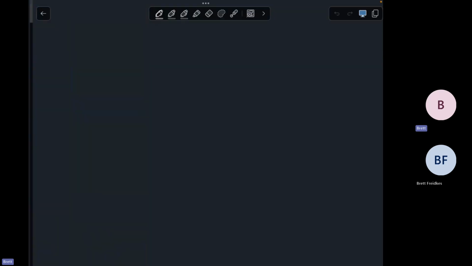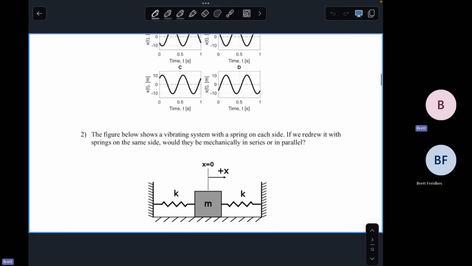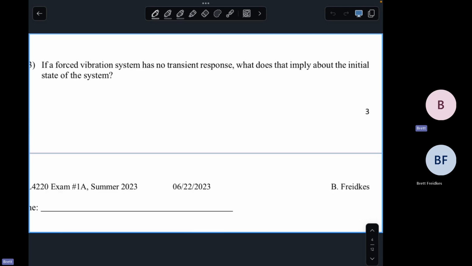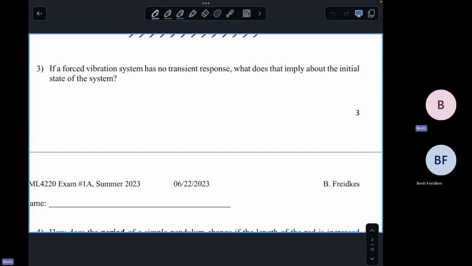Let me pull up the exam from last year and look at the questions we skipped. If a forced vibration system has no transient response, what does that imply about the initial state of the system? No initial conditions. The transient is only related to the initial condition. So if x naught and v naught are 0, there's no transient.